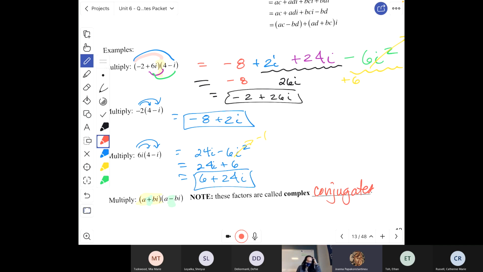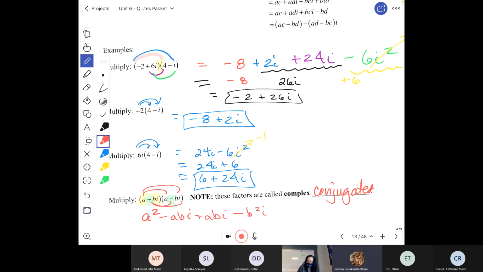If I were to FOIL these, what am I going to get? Oh, you're gonna get a single number. Well, I don't know, you tell me. Yeah, you're gonna get a squared plus -1 times b squared. What is it going to give me when I combine like terms? Okay, let's do it. a squared minus abi plus abi, right?